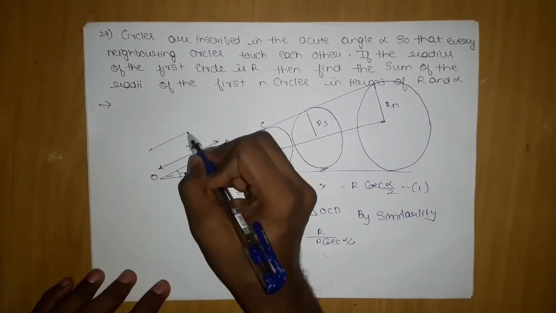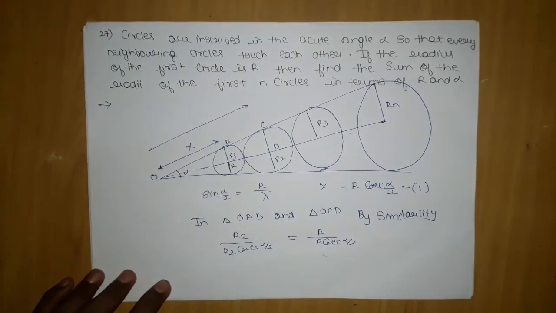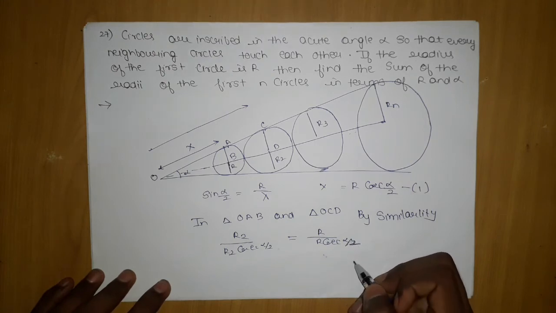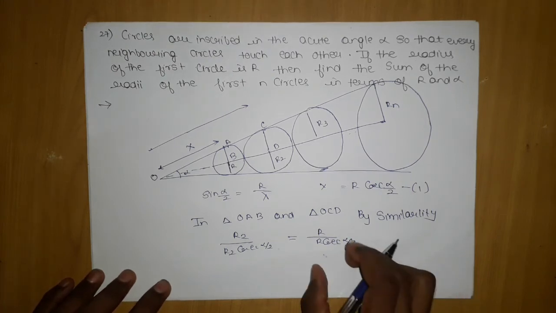Similarly we can say about this distance r cosec alpha by 2. We have just taken the ratio. So this is what we are getting.